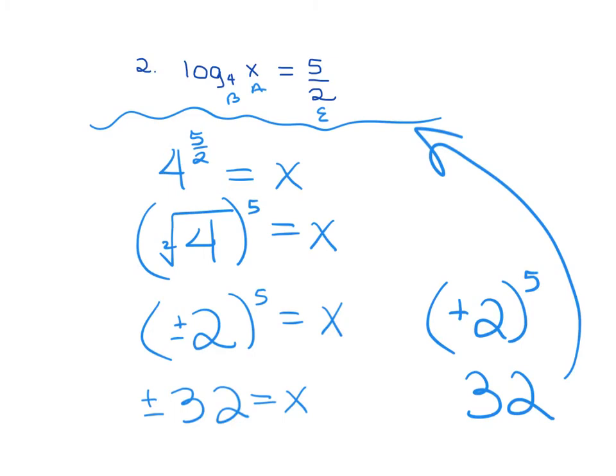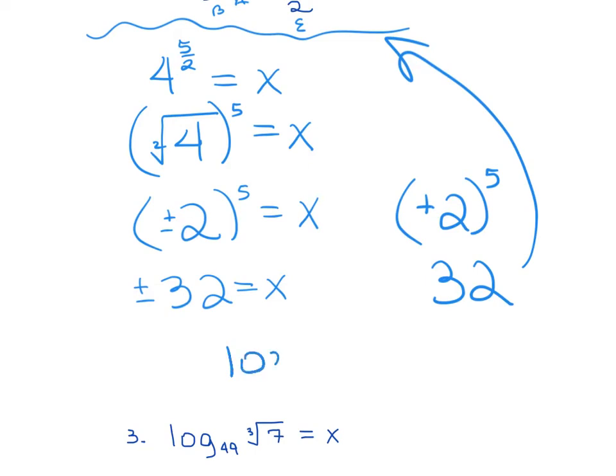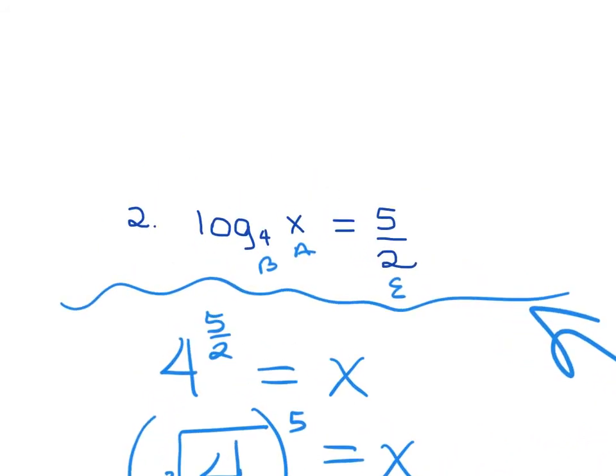When you hit the log button on your calculator, if you were to touch the button that says log and then put in a negative number on your display, it's going to display the word error. You haven't entered it wrong, you just can't take the log of a negative number. Whenever the variable is right here, this number cannot be negative. It has to be positive. So when the variable's there, if you were to square root something or fourth root, do not use the negative of that answer.